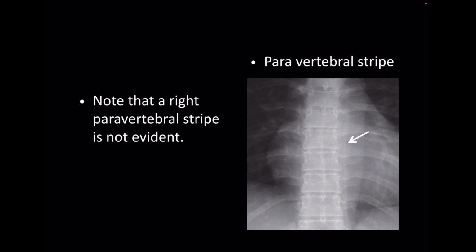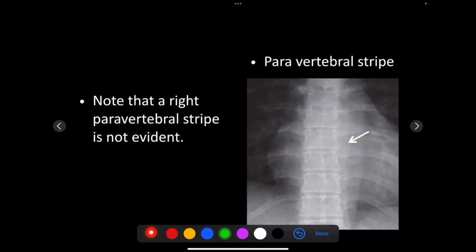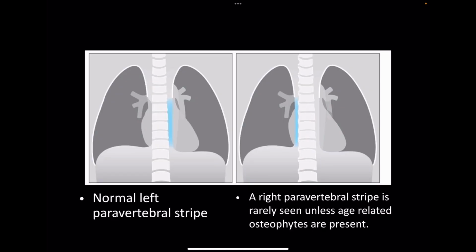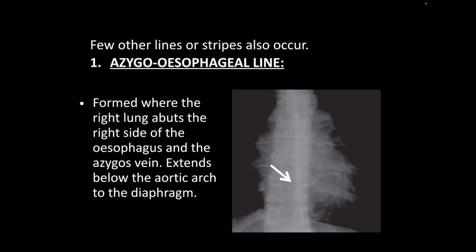You can see on the left side a paravertebral stripe is seen, but on the right side it is not seen, only when age-related osteophytes are present.